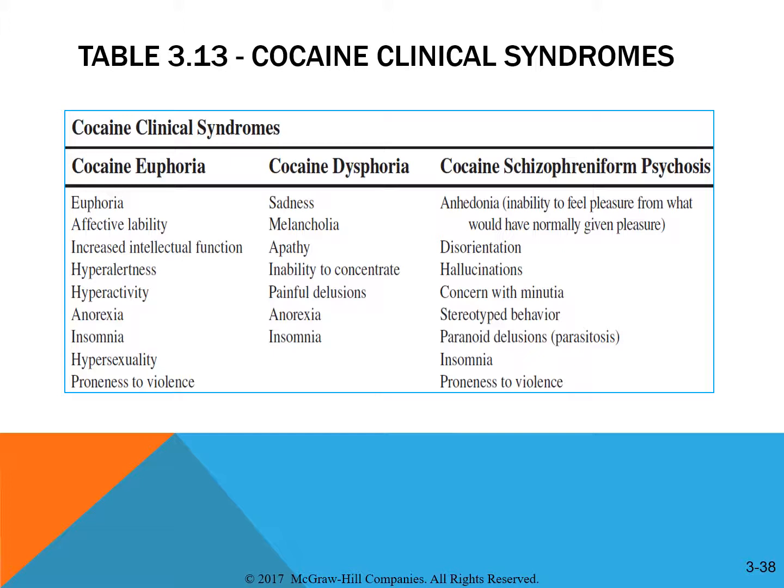With regular heavy use, depression and anxiety can be so severe that the user continues to smoke every 20 minutes or so for several hours to avoid the onset of that depression. This pattern may develop into binges of cocaine use.